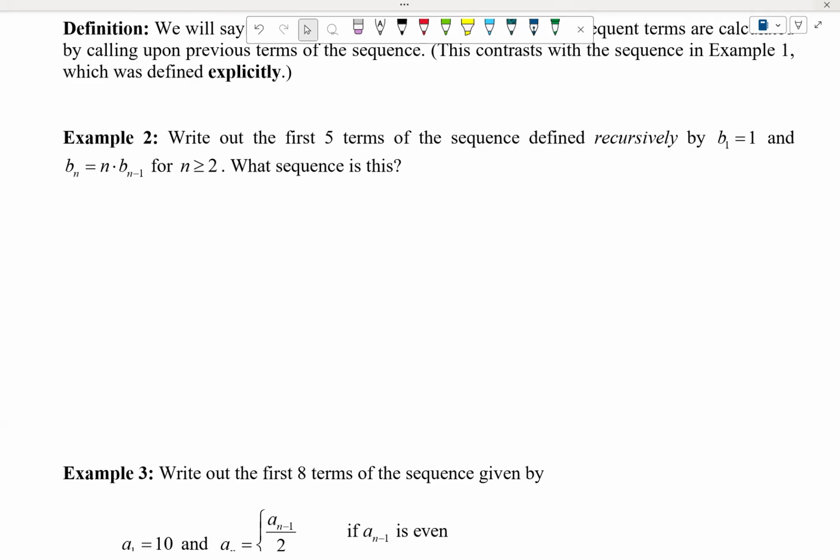In this case, it starts with 2. So b sub 2 means I'm looking for the second term. This will be equal to 2 times the first term, the previous one. You see, list all 5 up to b sub 5.